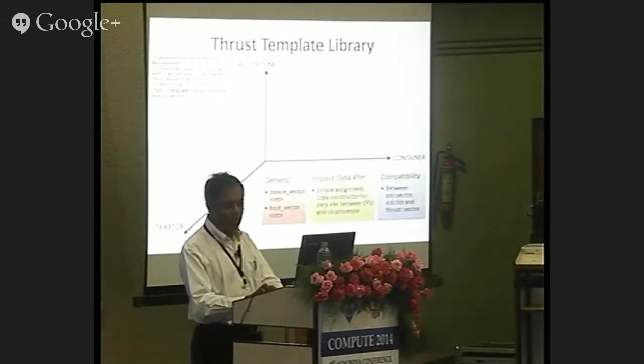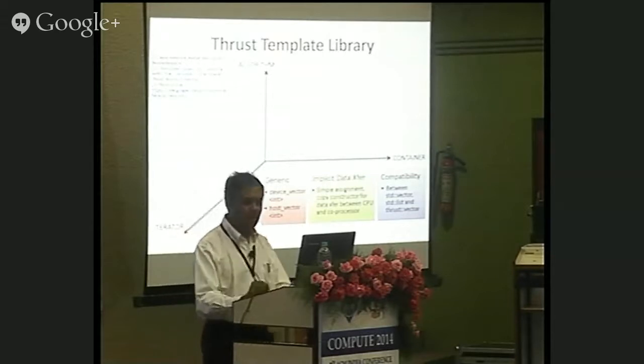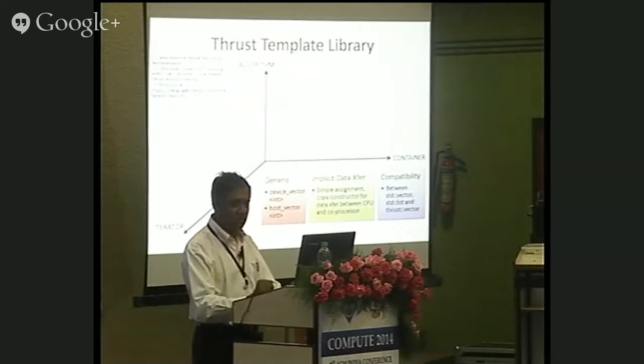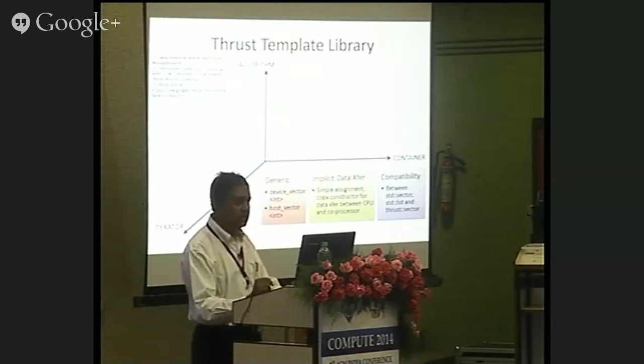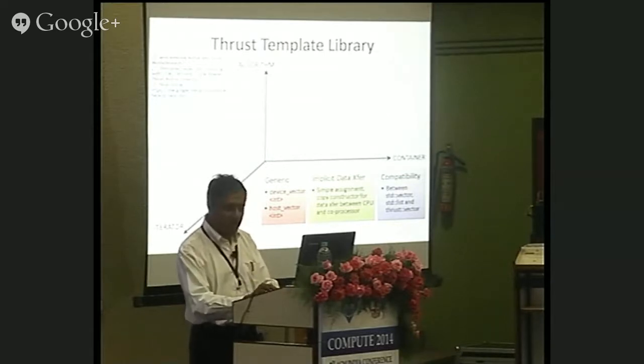So in the class library, on the container side, there are containers like device vector and host vector. Device vector means that it works with the device and host vector means it works on the host. There are features like data transfer, where you can just do a simple assignment from device to host and so on, and the data transfer will take place.